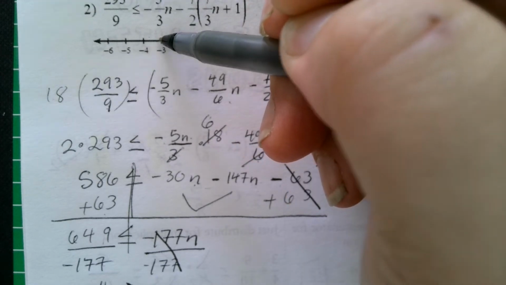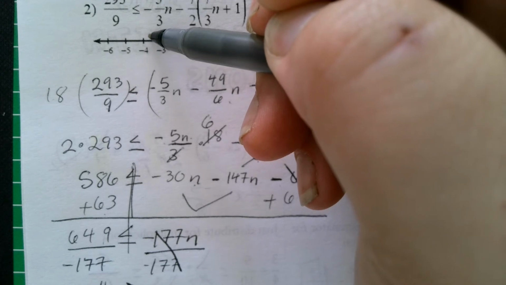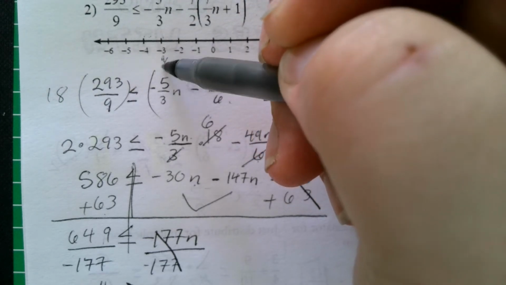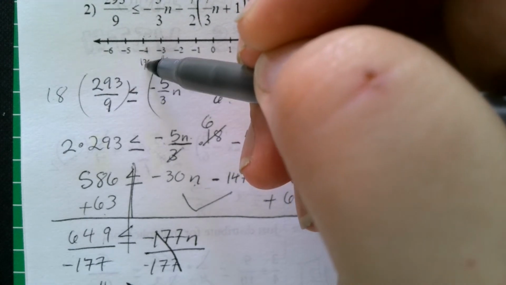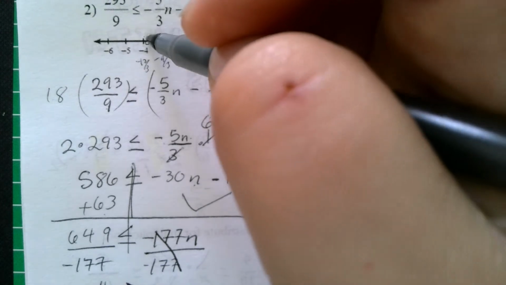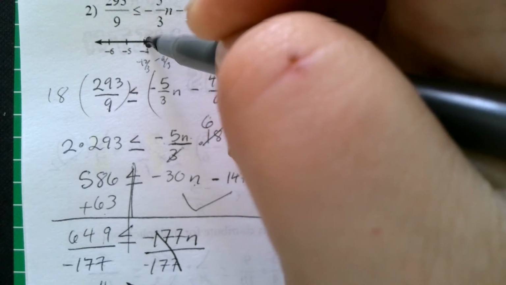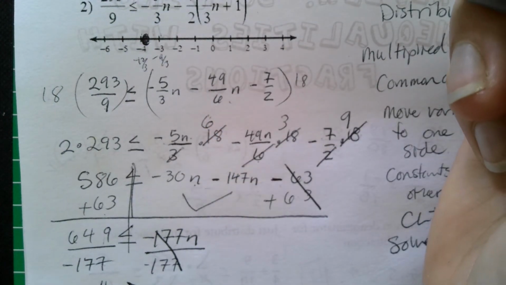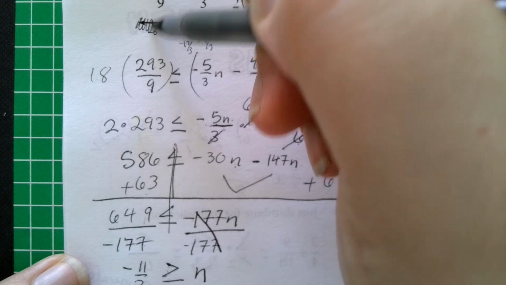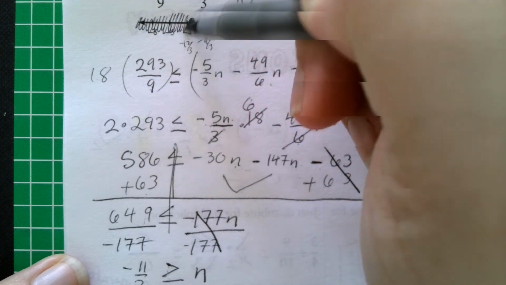It would be 9, 10, 11, then 12. So this would be 9 over 3, and this would be 12 over 3. We're closer to the 12. So are we going to put an open or closed circle? Closed. So I'm going to fill in the dot, and then is n bigger or smaller? Smaller. So we're going to color that way.